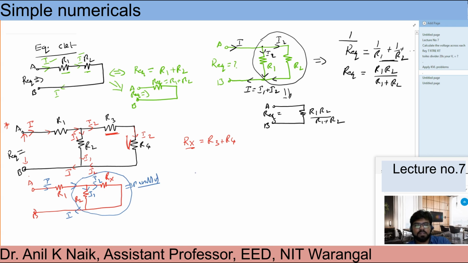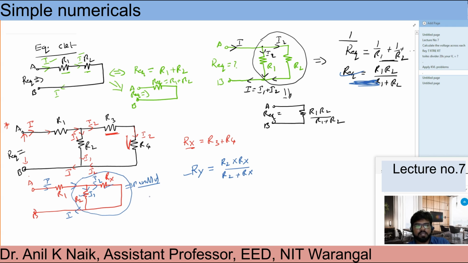If two resistors are connected in parallel, then what is the formula? Let us take Ry is nothing but R2 into Rx by R2 plus Rx. This is the formula I'm considering here. Now I will get some value Ry. Now I replace these two elements with this Ry resistance.